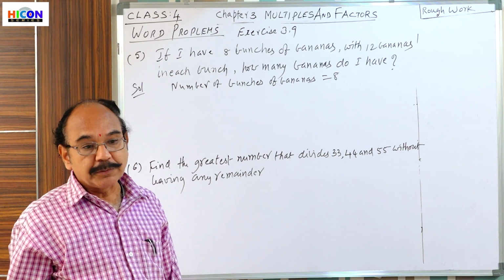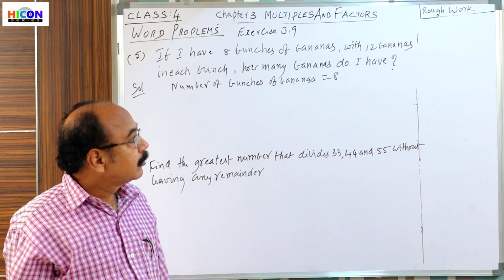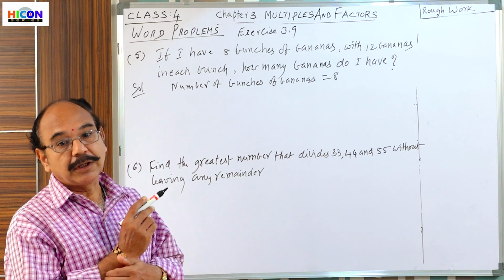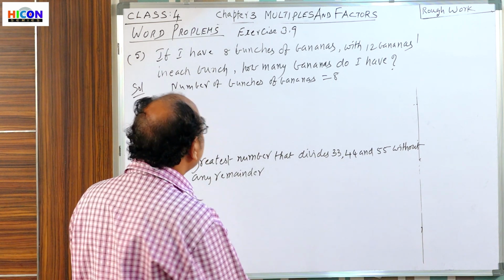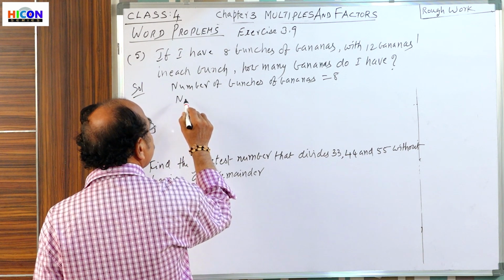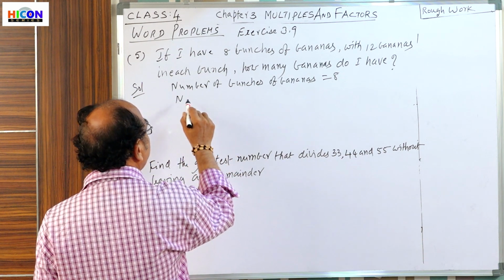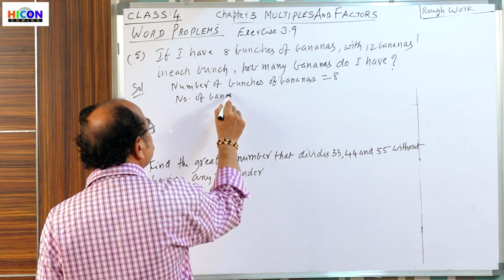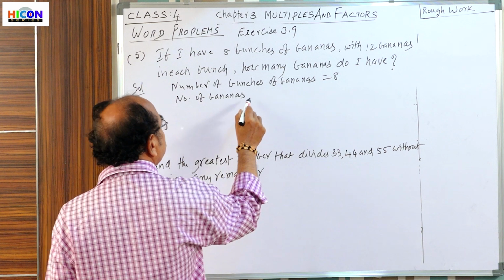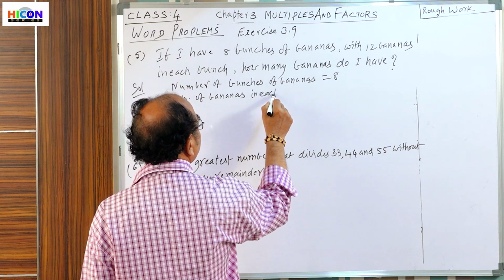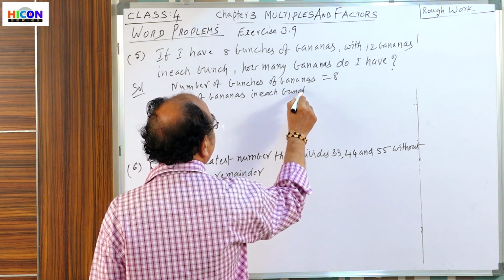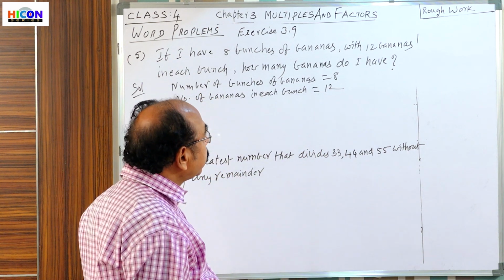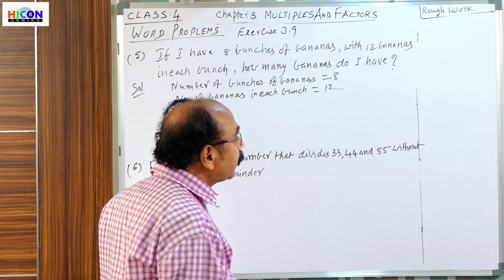Each bunch has the same number of bananas. So the number of bananas in each bunch: 12 bananas. Each bunch contains 12 bananas.